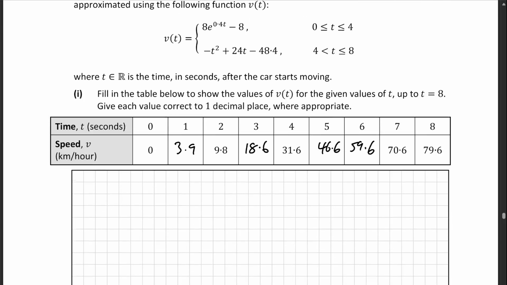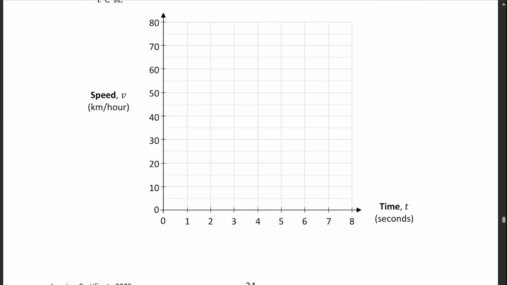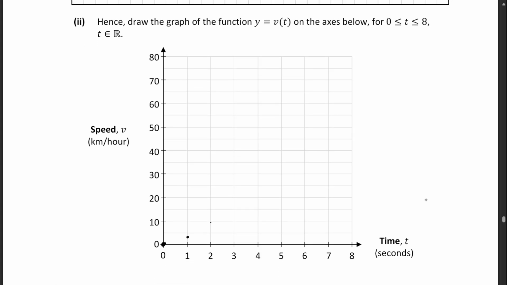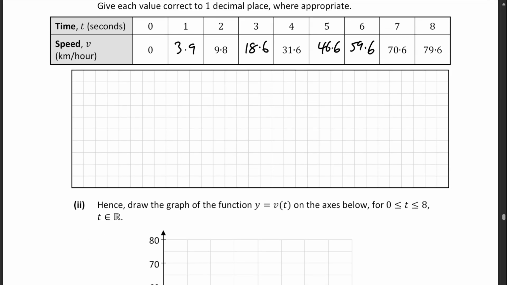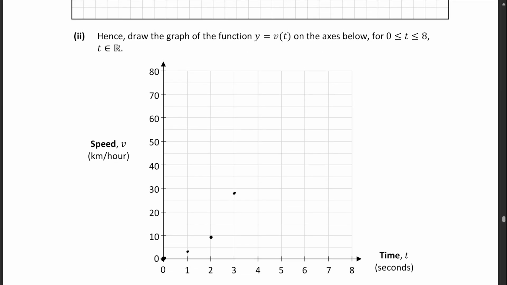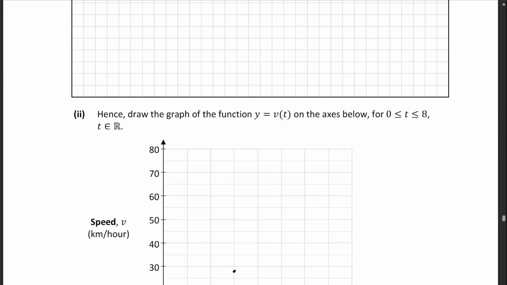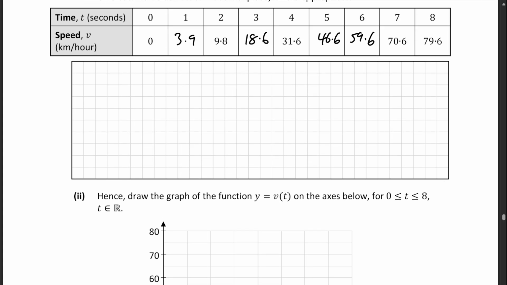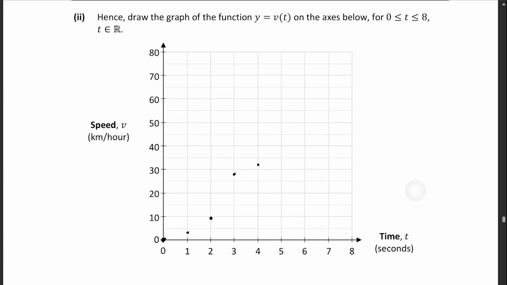Hence draw the graph. Okay, so 0. 3.9 I'd say is about there. 9.8, so it's just shy of 10. Then 3 is 18.6, it's about there. 4 is 31.6. Oh, I've gone up way too high there. 18.6 is only there.